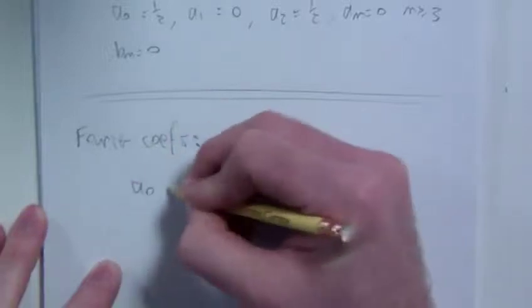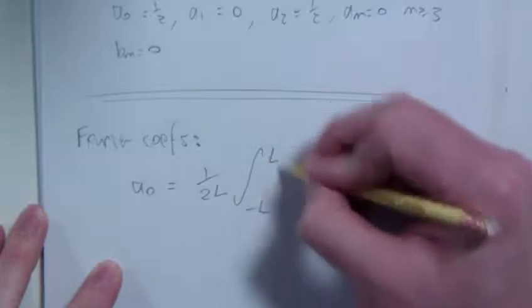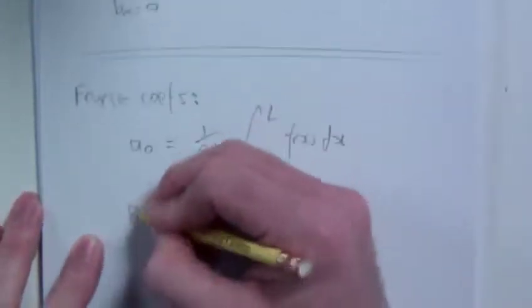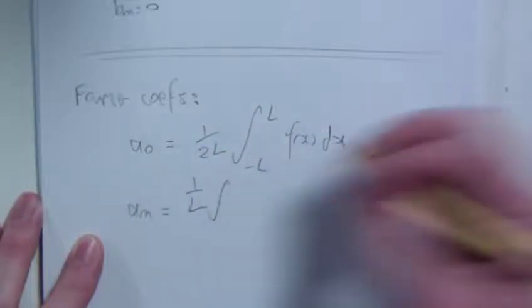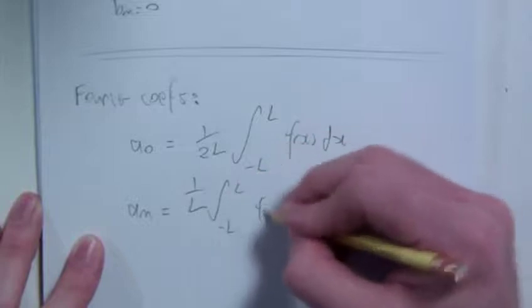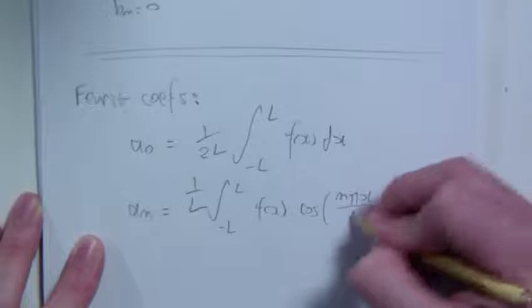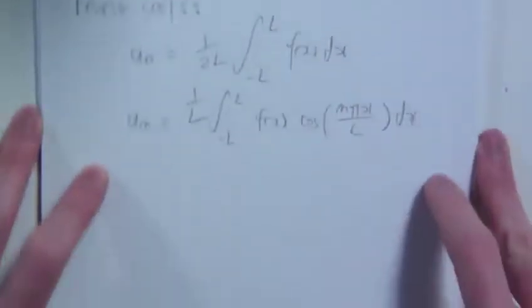So A0 is that, AM is that, and BM is that.